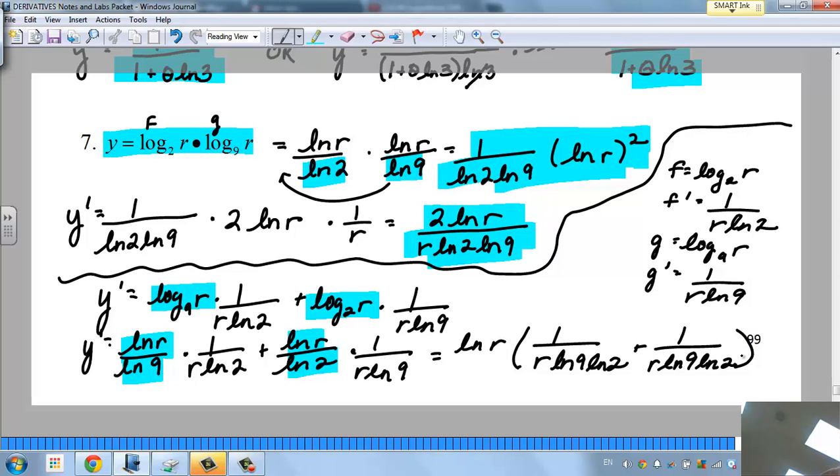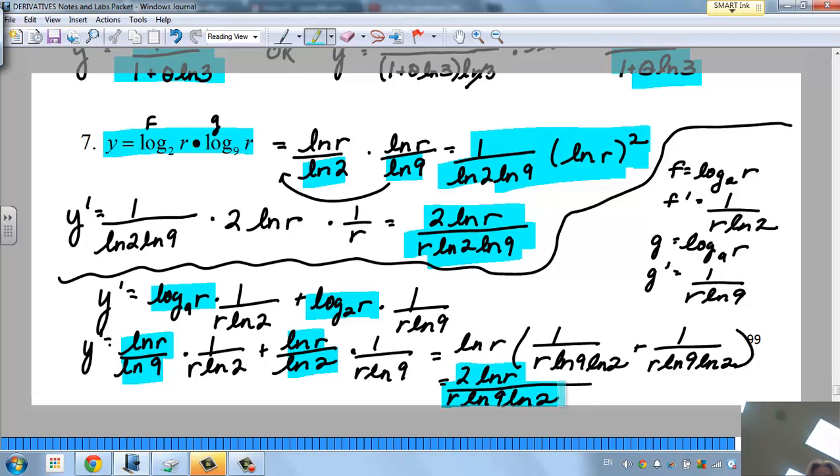And if I put those together, I have 2 of these here. This is the exact same thing. So I end up with 2 natural log of r's, because this adds up to 2, and the bottom is going to be r natural log of 9 natural log of 2, which is the same thing as what we had before.